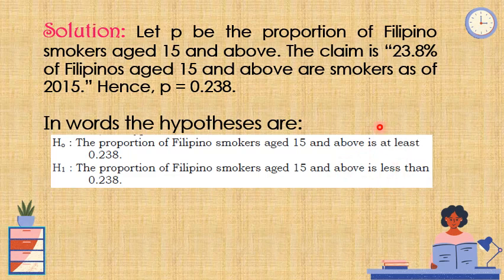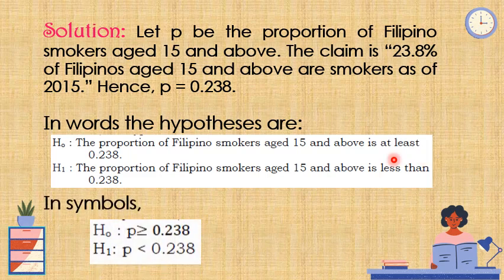Kung napansin nyo, di ba nabanggit natin dati na etong dalawa na to ay they are mathematical opposites. So, since ang ginamit dito sa ating alternative hypothesis is less than, syempre sa ating null hypothesis, ito ay above. Or, yung clue ninyo na at least. So, in symbols, ang H0 natin, P is greater than or equal to 0.238.